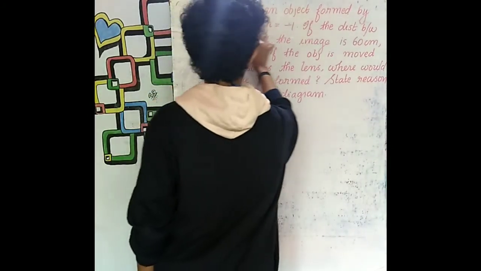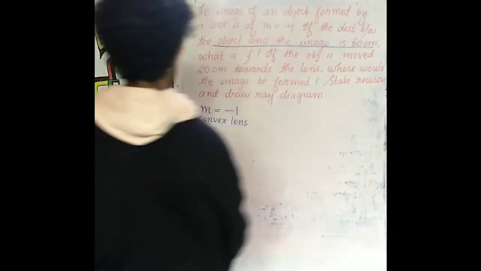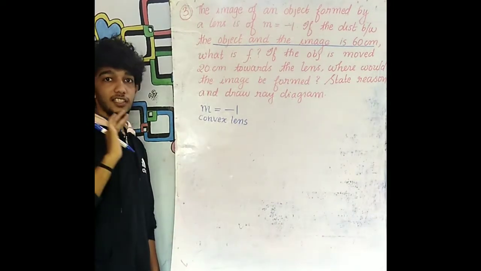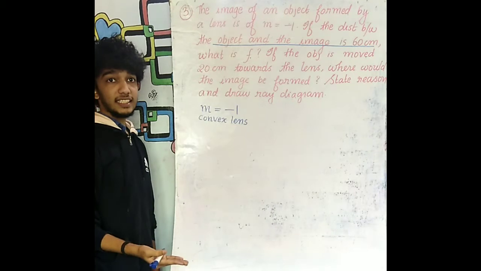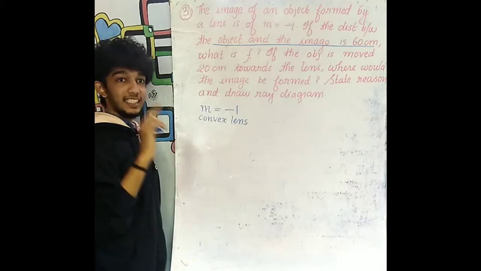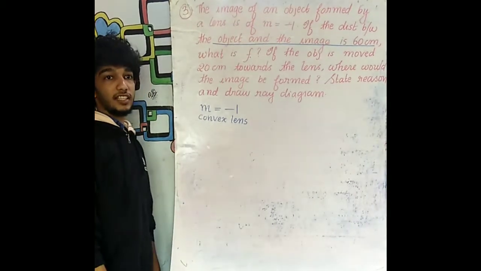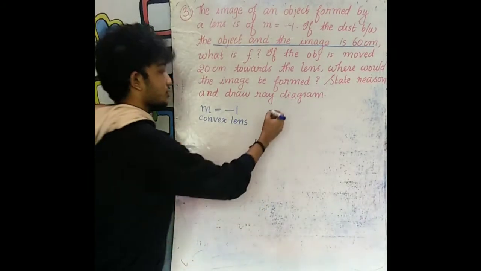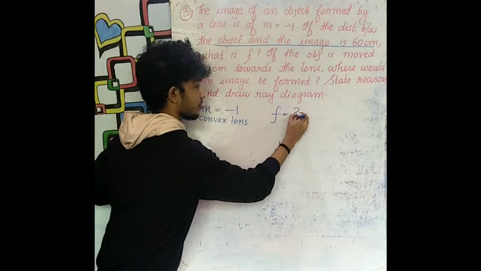The distance between the object and the image is given as 60 centimeter. That means, is the object distance 60 centimeter? No. Is the image distance 60 centimeter? No. But the distance between the object and the image is given as 60 centimeter. What is f? We are asked to find the focal length.